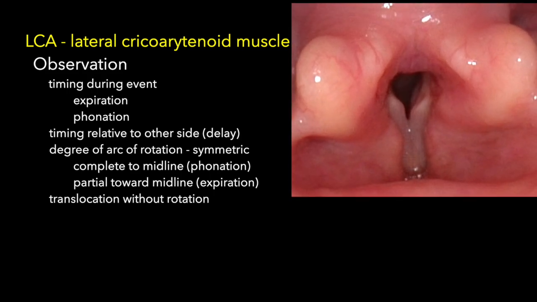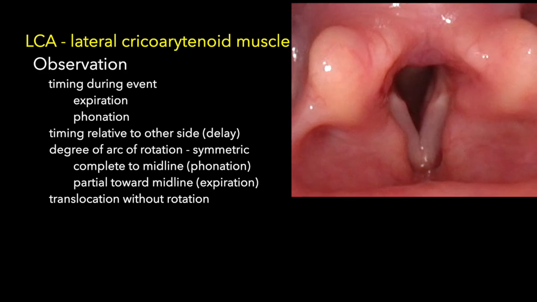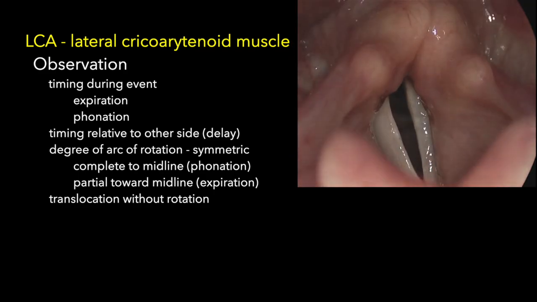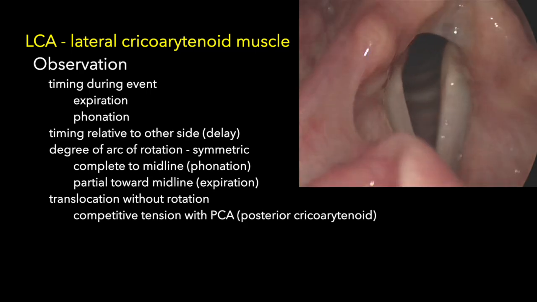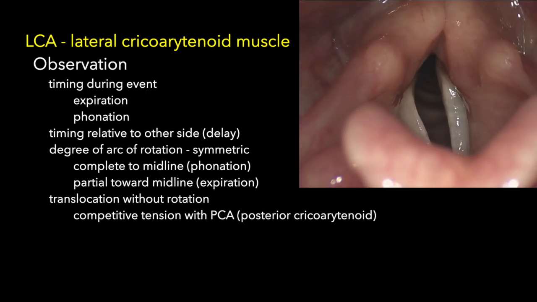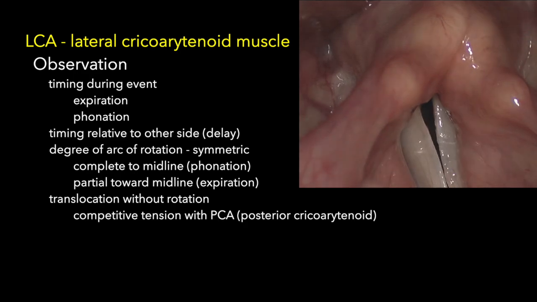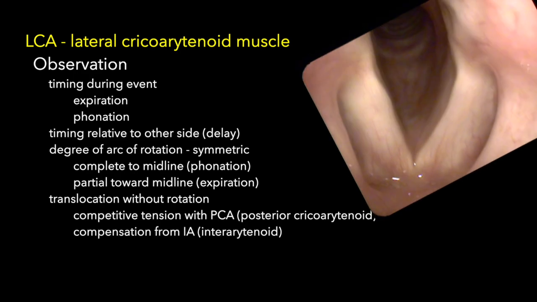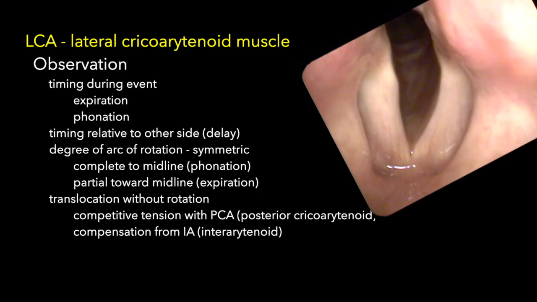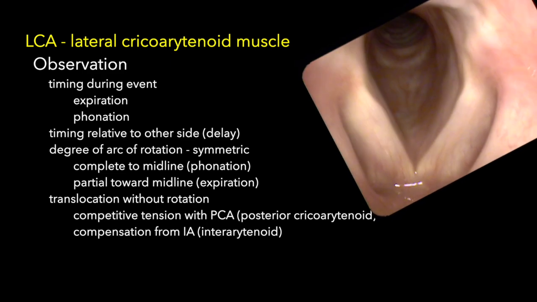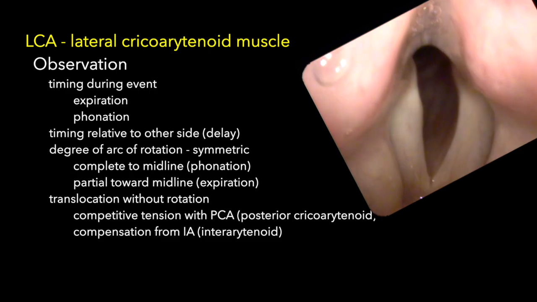And you can watch to see if the vocal process is translocating but not rotating. And this can occur if there's competitive tension with the posterior cricoarytenoid muscle tending to hold it open and limit the amount of closure. And it can also be if the LCA muscle is weak and the interarytenoid is compensating and pulling medially without rotating the vocal process.